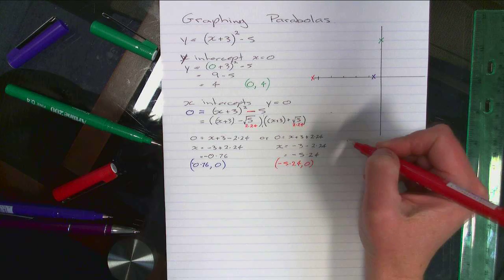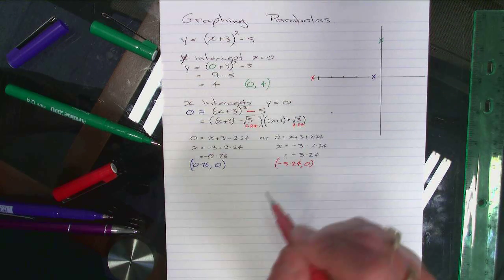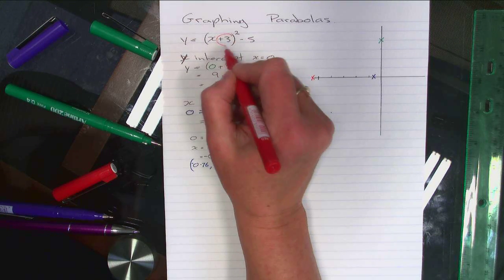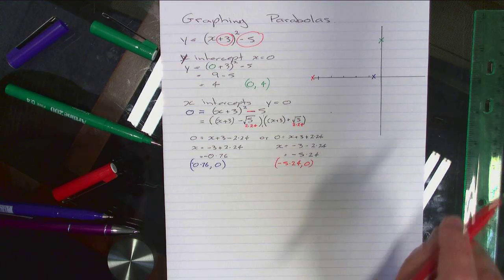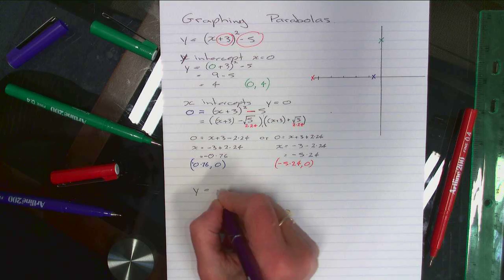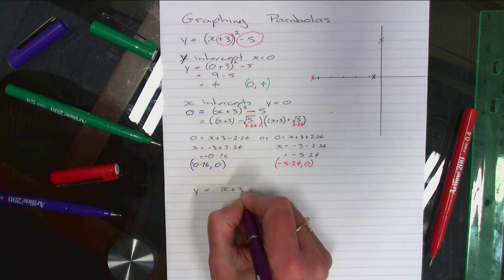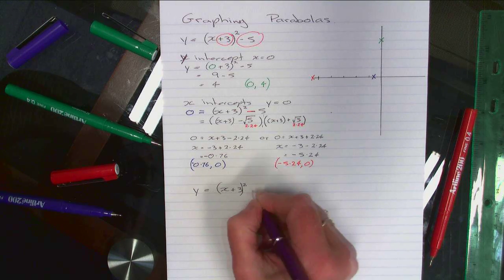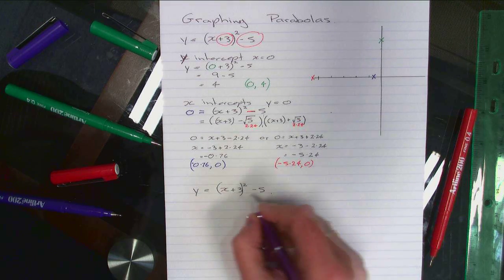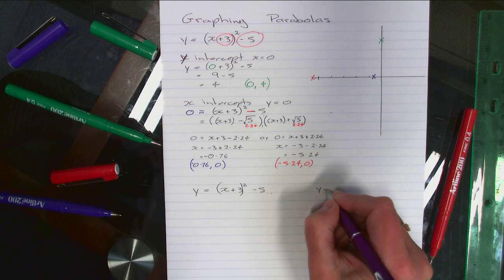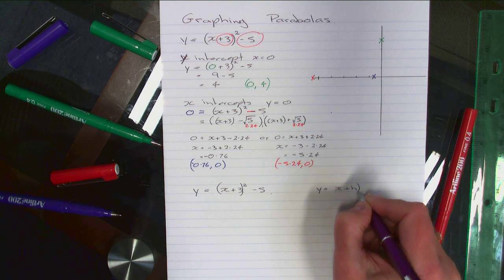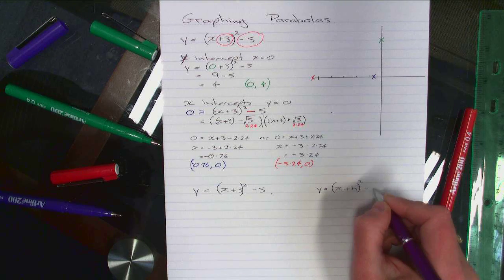Now, the turning point in this one is actually quite easy, because these numbers here basically give us our turning point. So I'll just write this equation, y equals x plus 3 squared minus 5. A general equation would be y equals x plus h squared minus k.